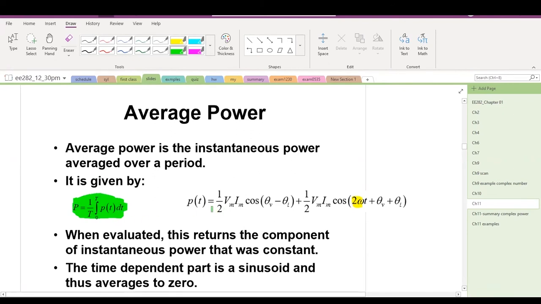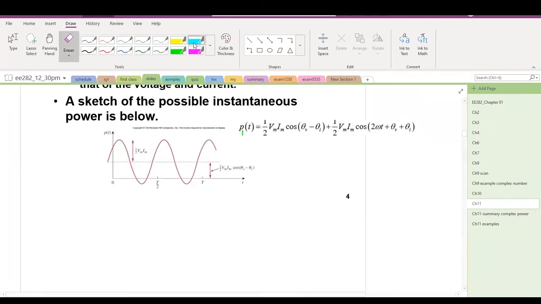If we take the average of the instantaneous power, this is a cosine signal. If we take a cosine signal over one period, the integral will become 0. You can see this is the cosine waveform that comes from this term. The integral will be the area below this curve. If we consider this dotted line here, positive, positive, negative, positive, negative.